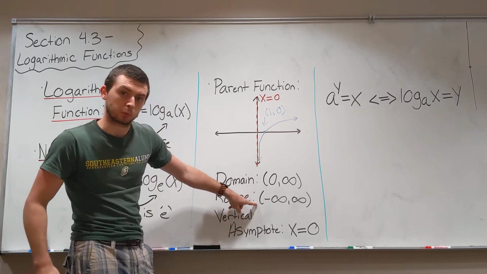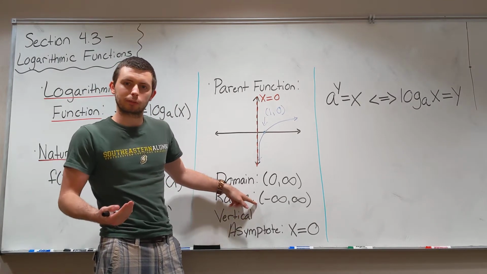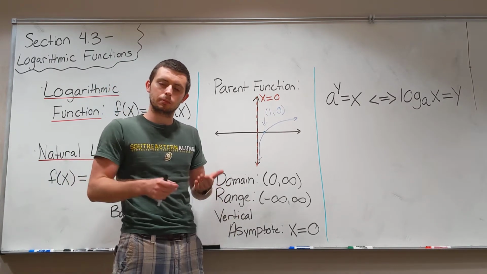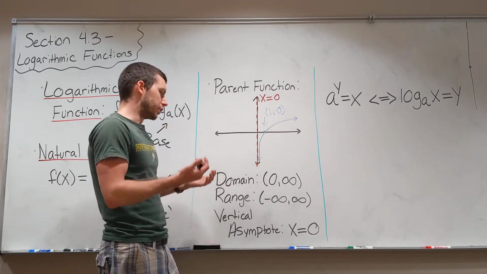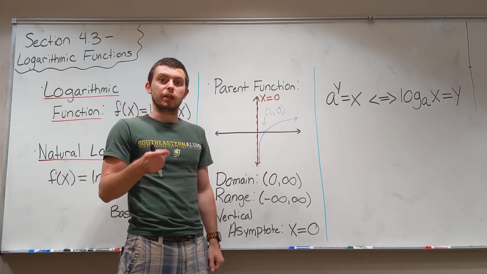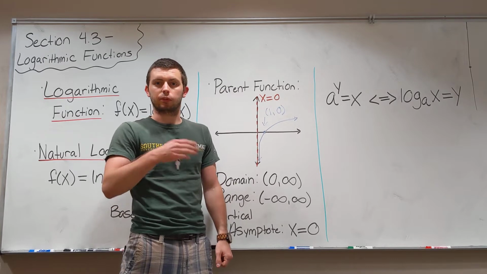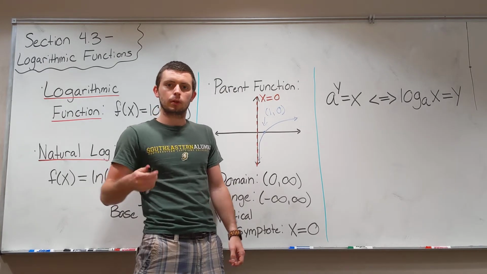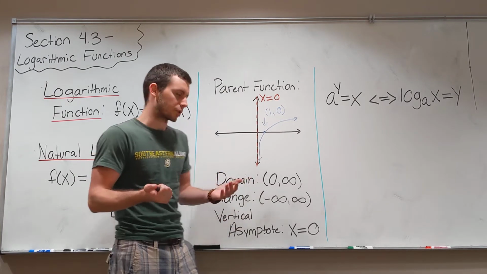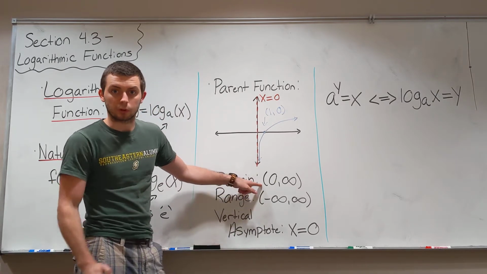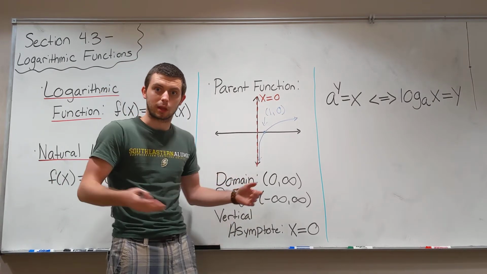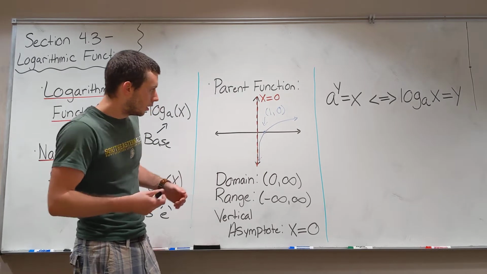Notice that switches to the range here, because inverses mean you swap x and y. Additionally, the range of exponential functions was 0 to infinity for the standard parent function, and notice that's what's now here as the domain. So everything switches.